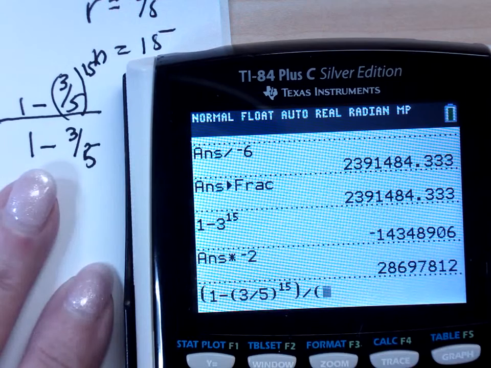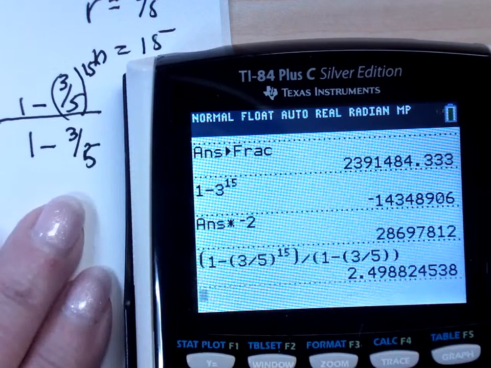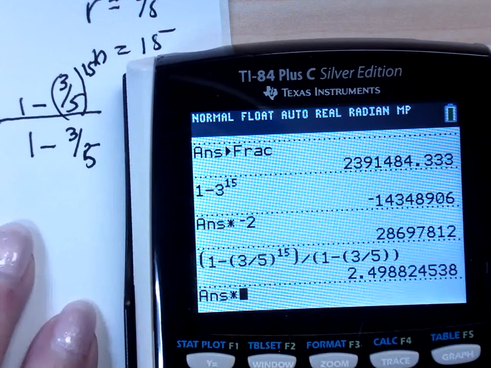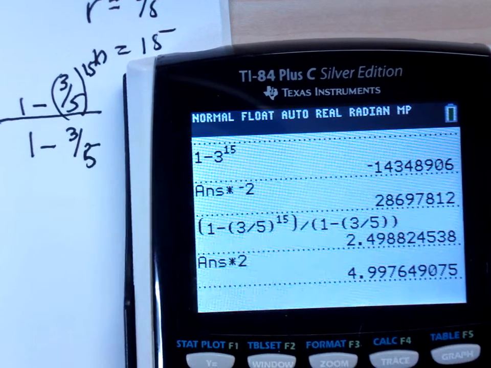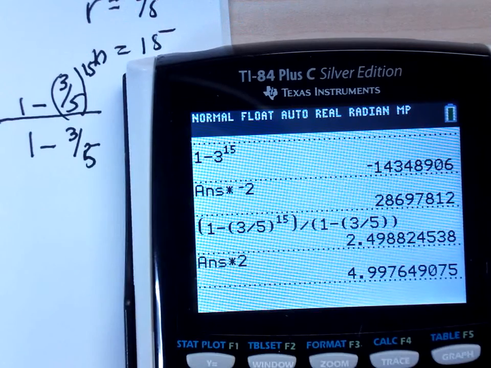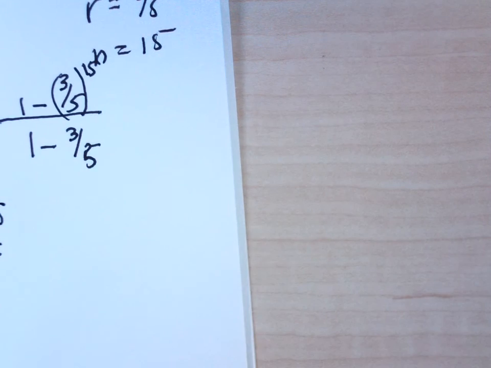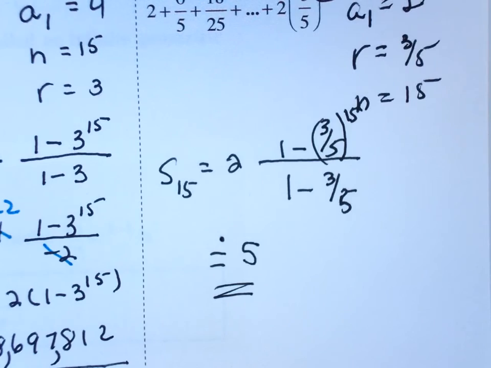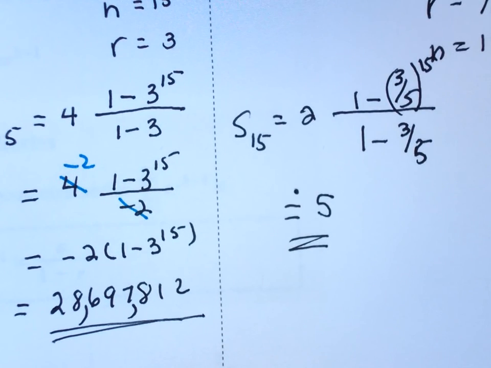Divided by 1 minus 3/5. That's the denominator. And then multiply that by 2. And it's approximately 5. And you come right down to it. That's a far cry from 28 million.